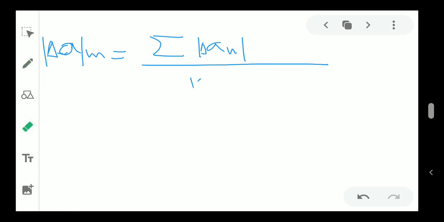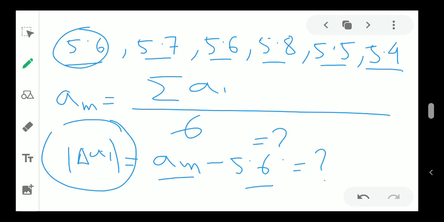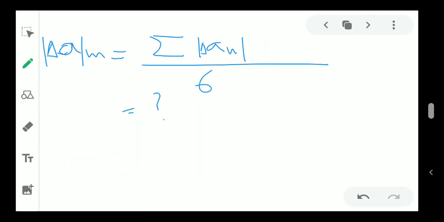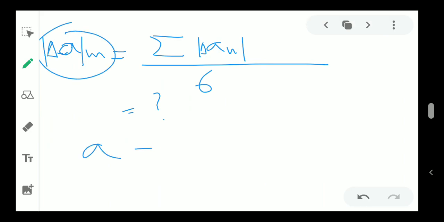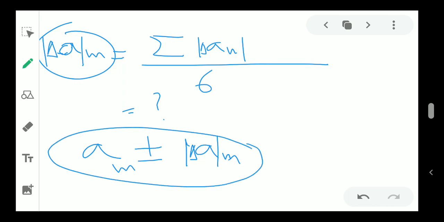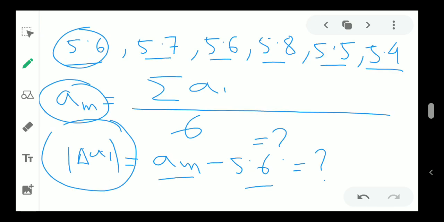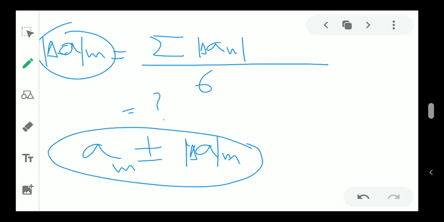We have 6 data, so again 6. Finally you write the A mean value plus minus this value, so A mean plus minus delta A mean. I'm not calculating this here, but I am just telling you how to do it. This is how you have to calculate.